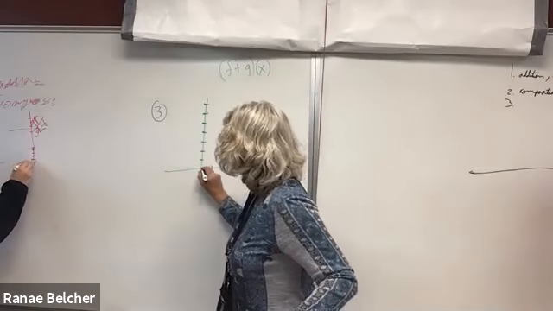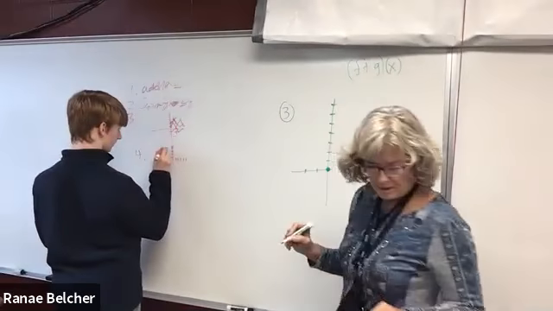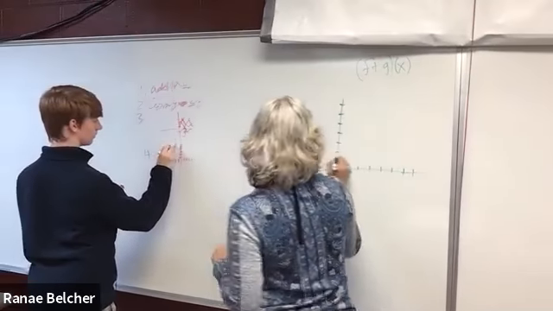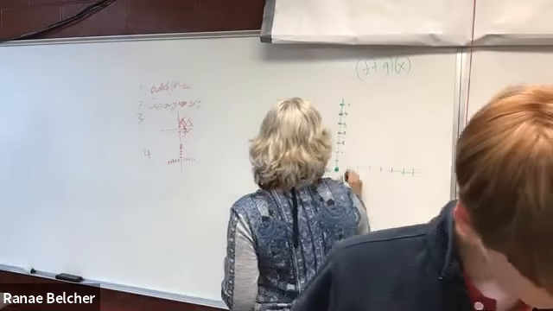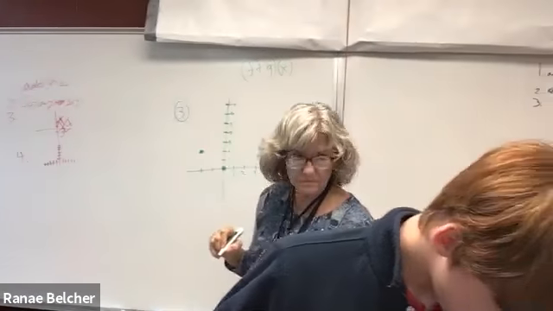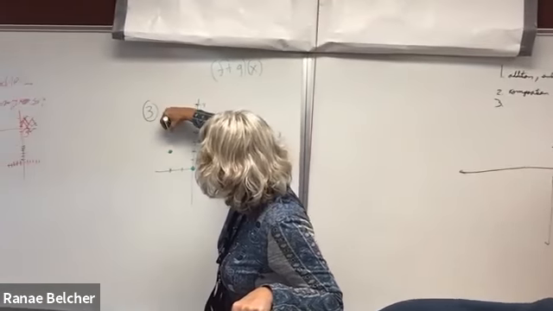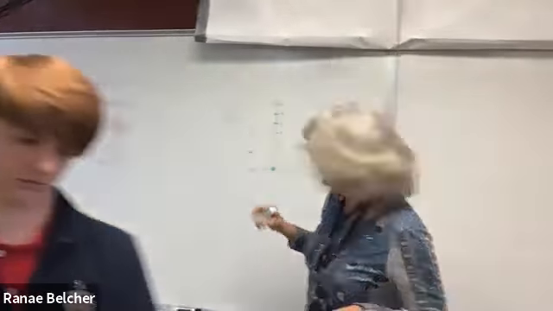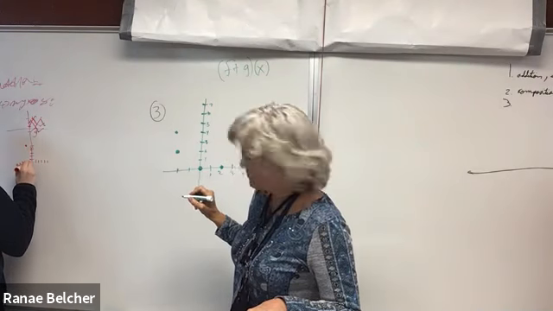So I've got the origin. And I've got 2, -2. -2, 4. That's right here. I got 2, 0. And I've got 4, 2.